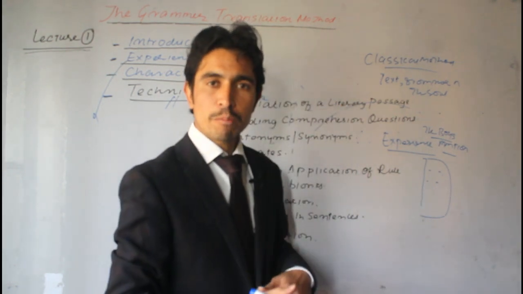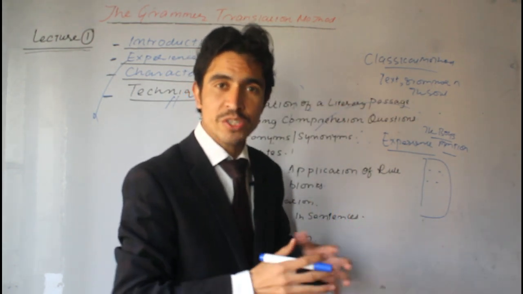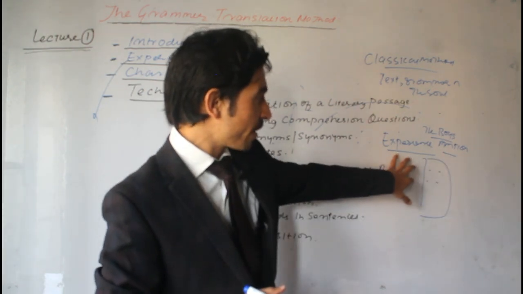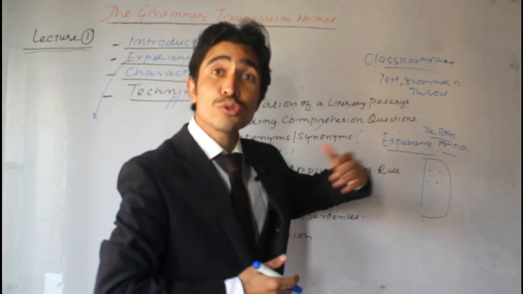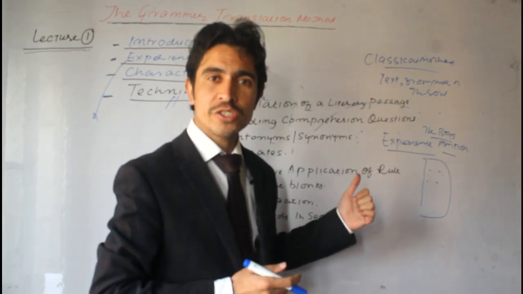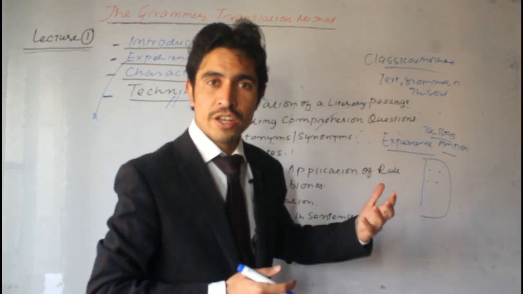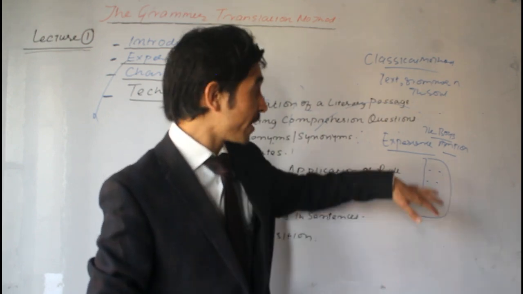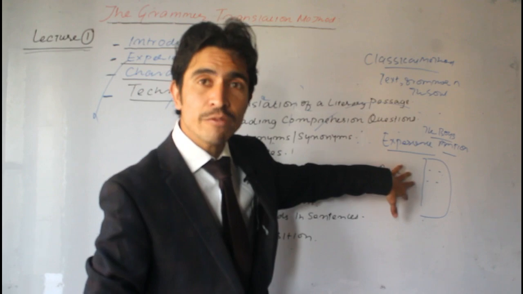Each student must read a few lines from the passage. After they have finished, they are asked to translate into Spanish. Here Spanish is the native language and English is the target language.